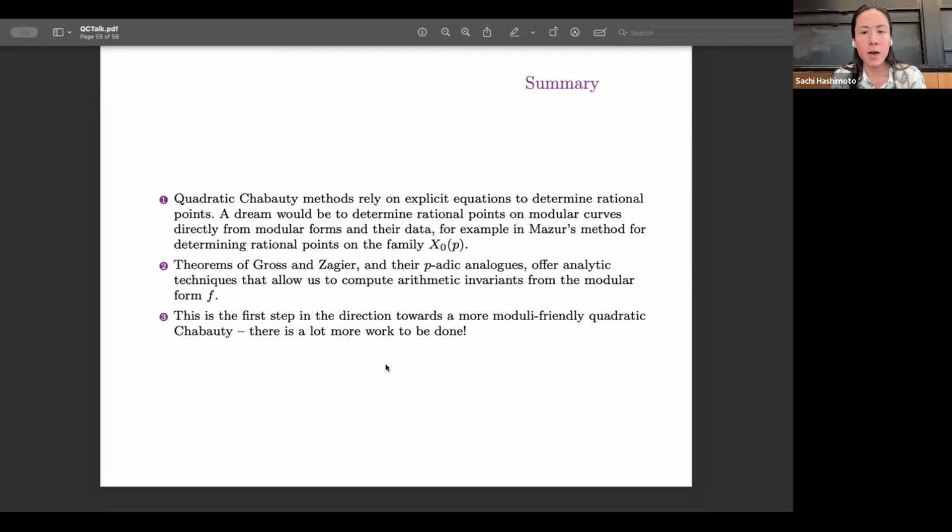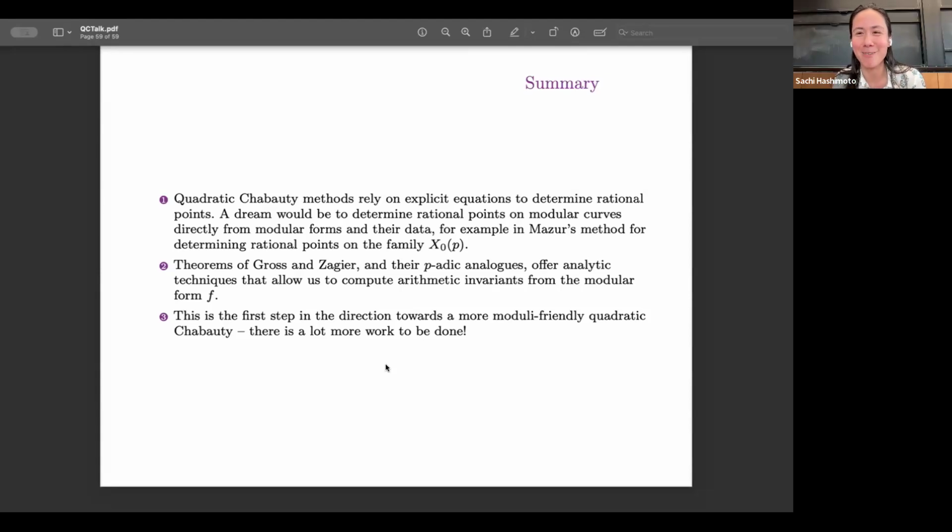So in summary, I wanted to say that quadratic Chabauty is amazing and it can do so many examples of modular curves. But a dream of mine and of many people's is to push beyond equations, because it seems like a lot of people have done every possible small equation of modular curves, although I could be wrong.